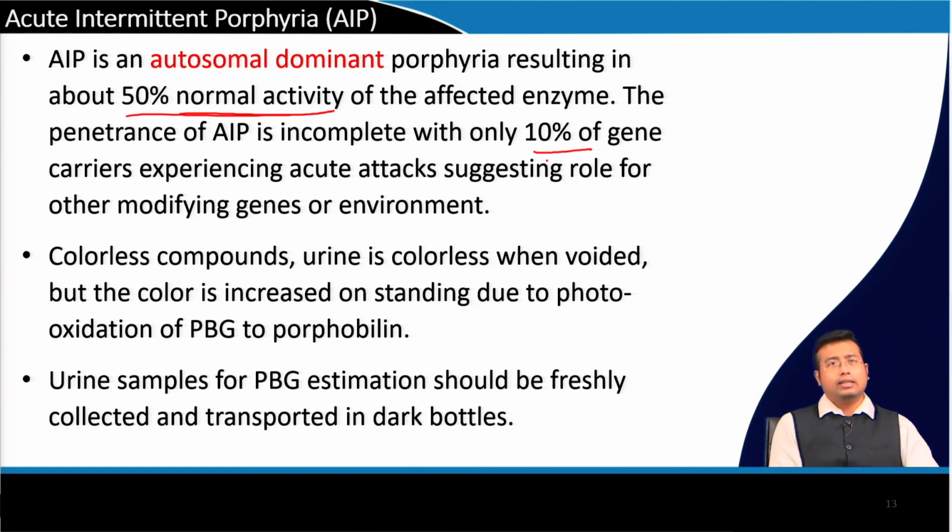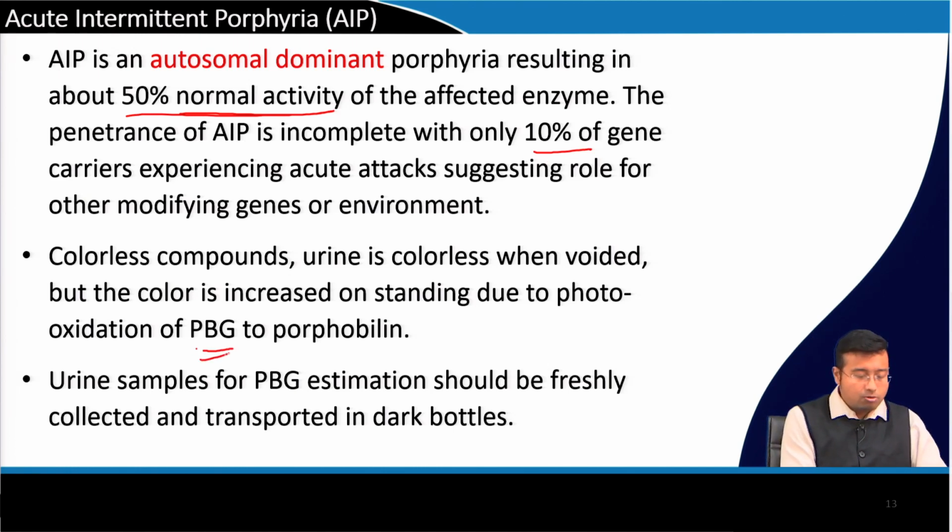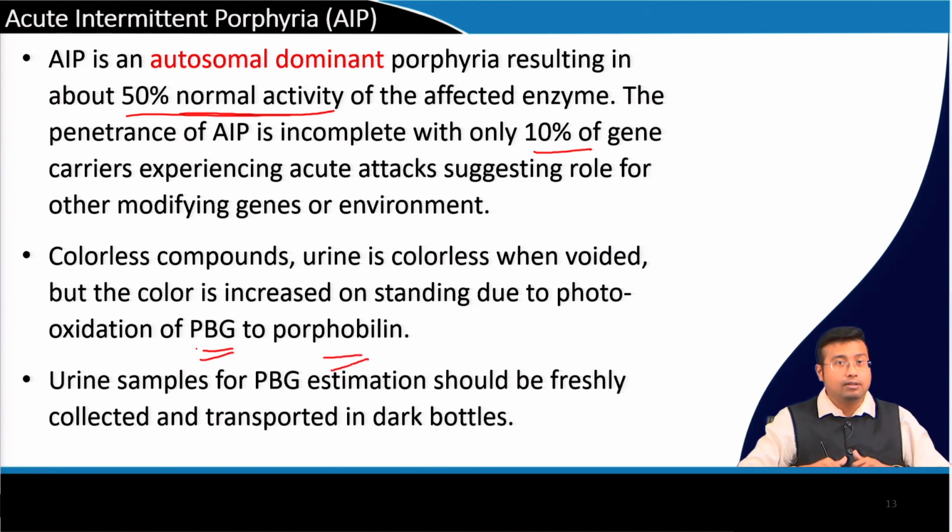Very important thing, urine is actually colorless when it is voided, right. However, urine has got porphobilinogen, right, but the porphobilinogen is colorless. Upon standing, it will form a reddish color due to conversion into porphobilin, right, but porphobilin is not present in blood, right, porphobilin will come much later in the pathway.